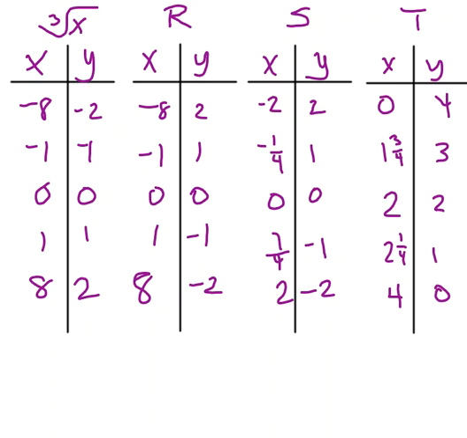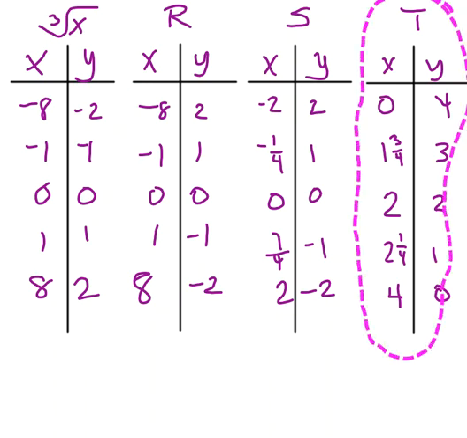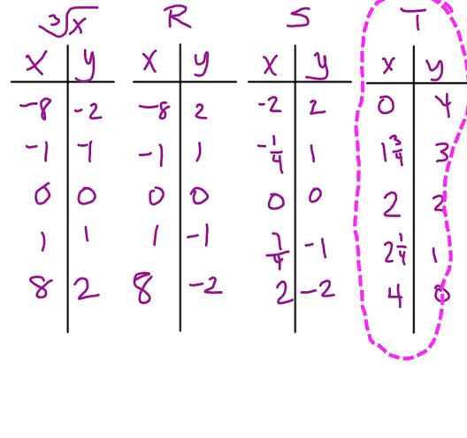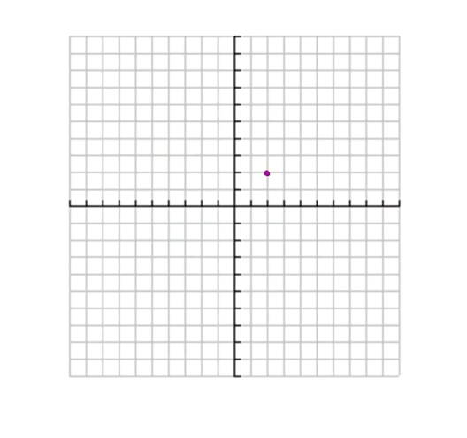Now that we have our whole table, we can take this last one that's had all of my transformations applied to it and graph that table. There's that 2, 2. Quarter.